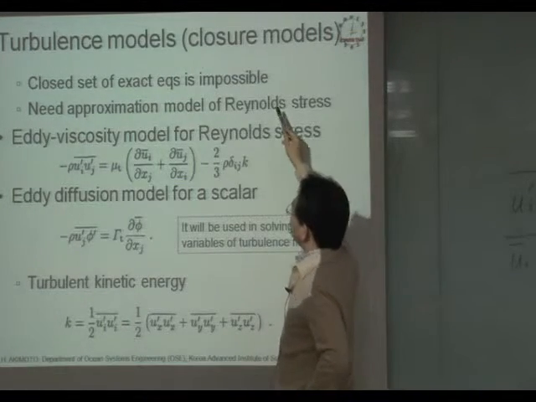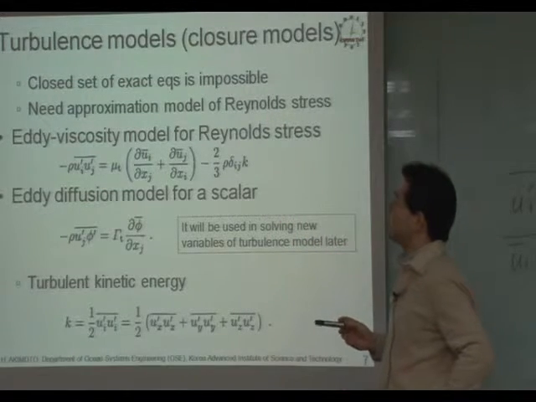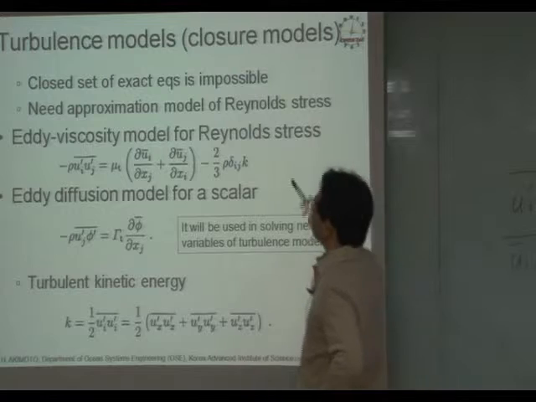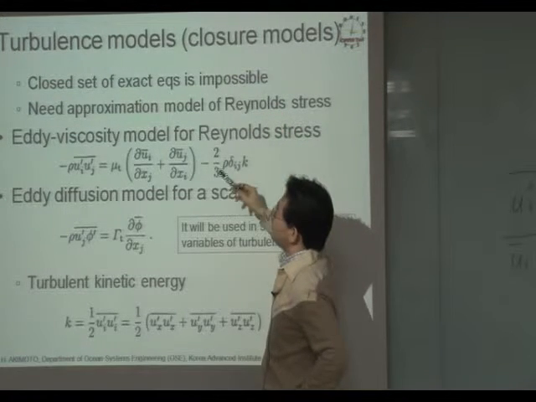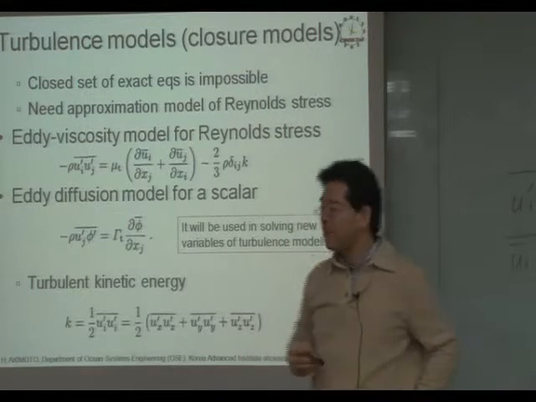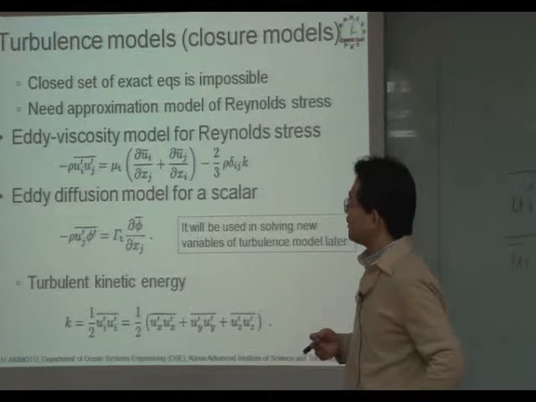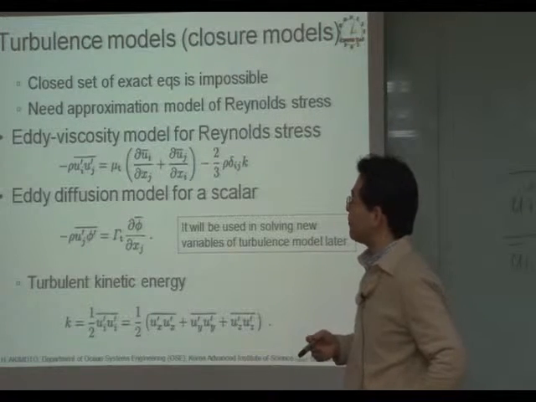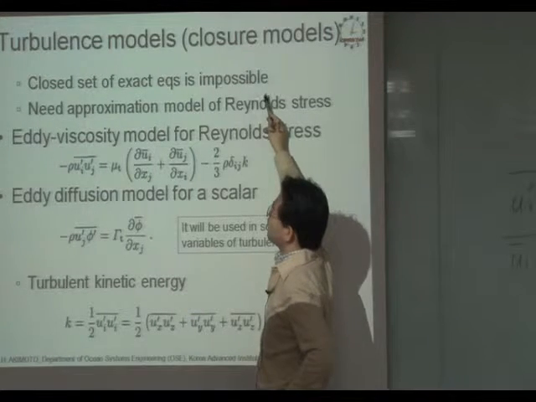At present, it is true, but as a scientist, you have to think there are no impossible things. There might be a genius who can find an exact treatment of this.